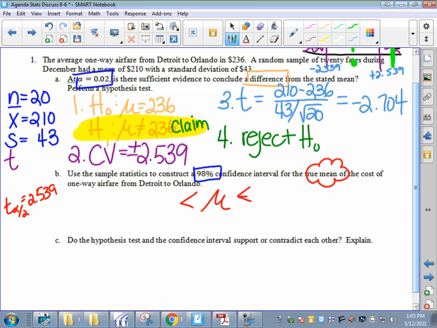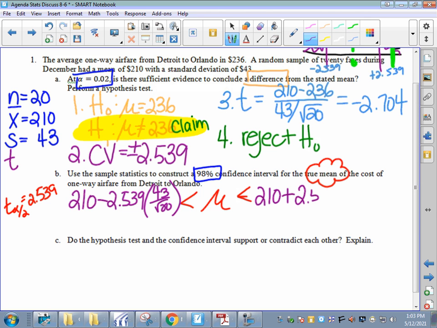So when I go to make my confidence interval, I do my x bar minus my t value times my s over my square root of n, so 43 over square root of 20. Remember, the other side is identical, only we add. So we do plus and minus our margin of error.